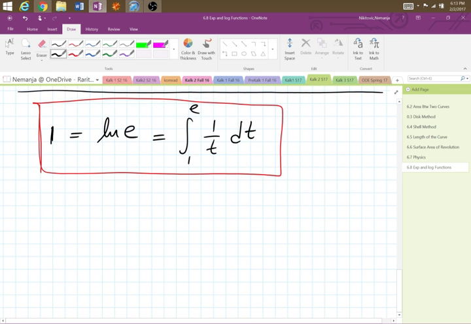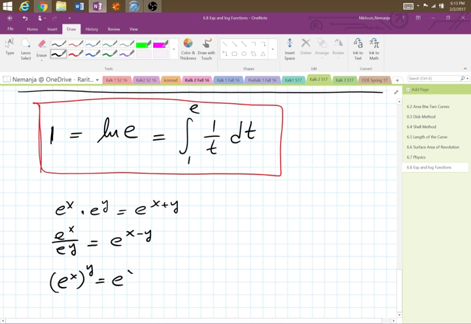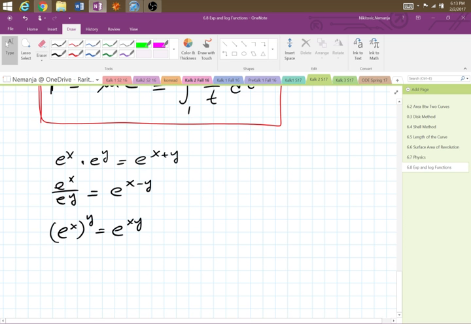And now we have all of the other stuff that you already know. So all of the exponential properties that are there for e, like e to the x times e to the y is very good. e to the x divided by e to the y is very good. e to the x raised to the y is very good. And then what else do we have? e to the 0 is nice.